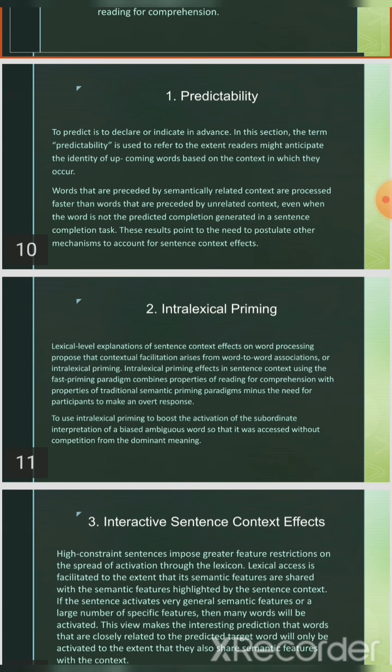Words that are preceded by semantically related contexts are processed faster than words that are preceded by unrelated contexts, even when the word is not the predicted completion generated in a sentence completion task. These results point to the need to postulate other mechanisms to account for sentence context effects.